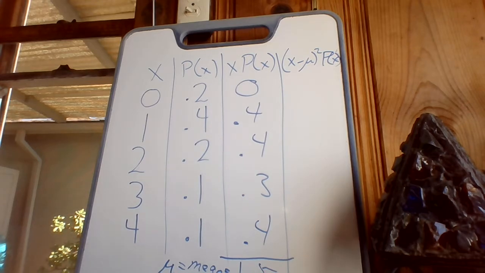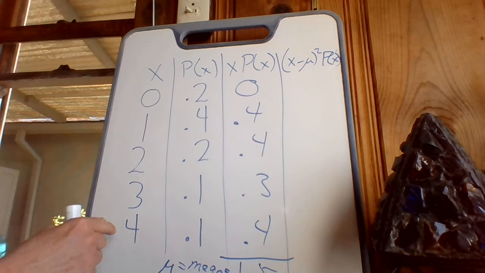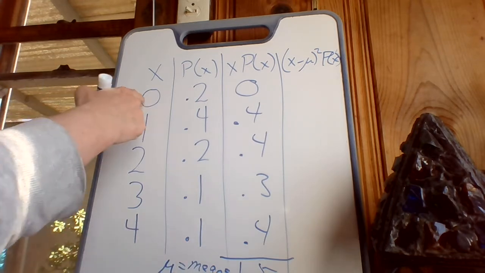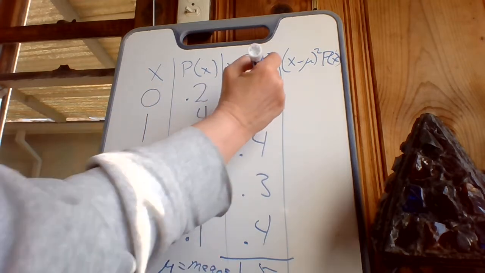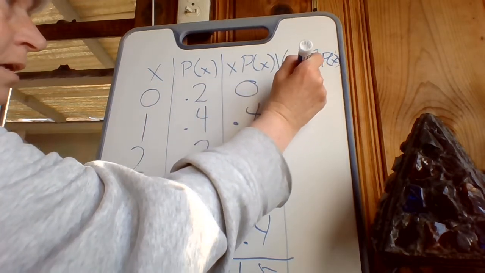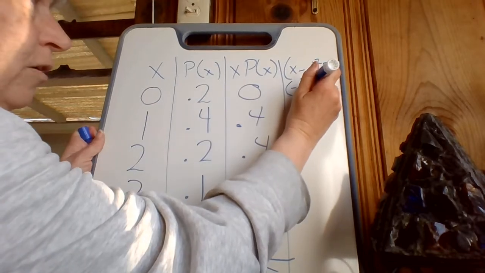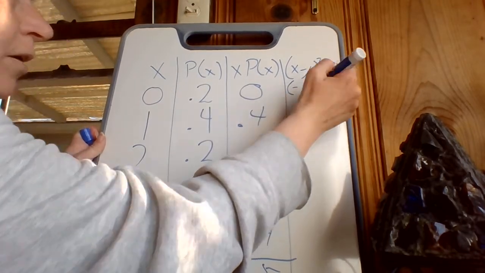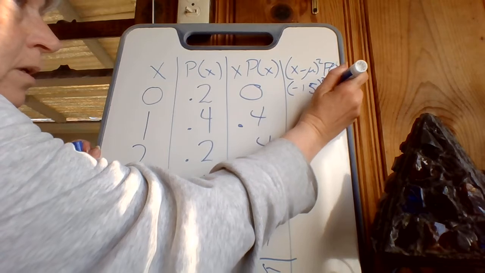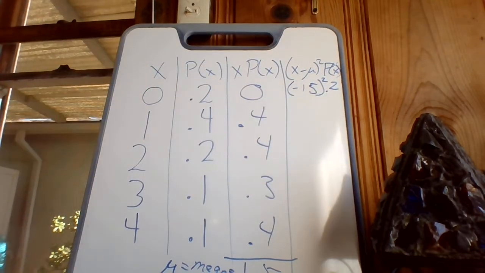Fourth column, it says I'm supposed to subtract the mean from the first column. So 0 minus 1.5, negative 1.5 squared, and then multiply times the second column, 0.2. So negative 1.5 times negative 1.5 is positive 2.25, and then times 0.2 is 0.45.